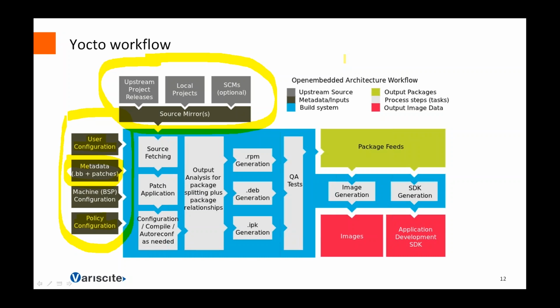You can also have local projects, local repositories, so you can download directly from your machine, but usually you have to have the internet connection and download these sources. Take care that several of these sources are under configuration control, so the software configuration management servers need to be accessed in order to download these packages.